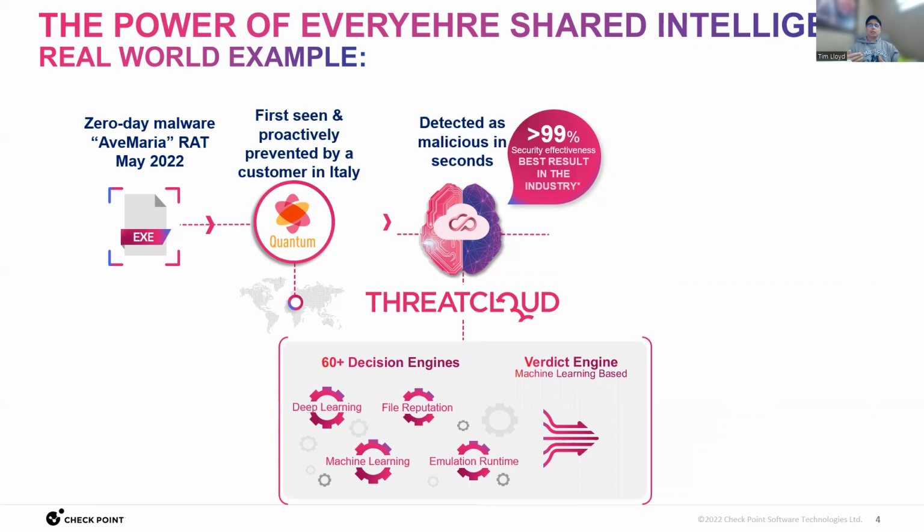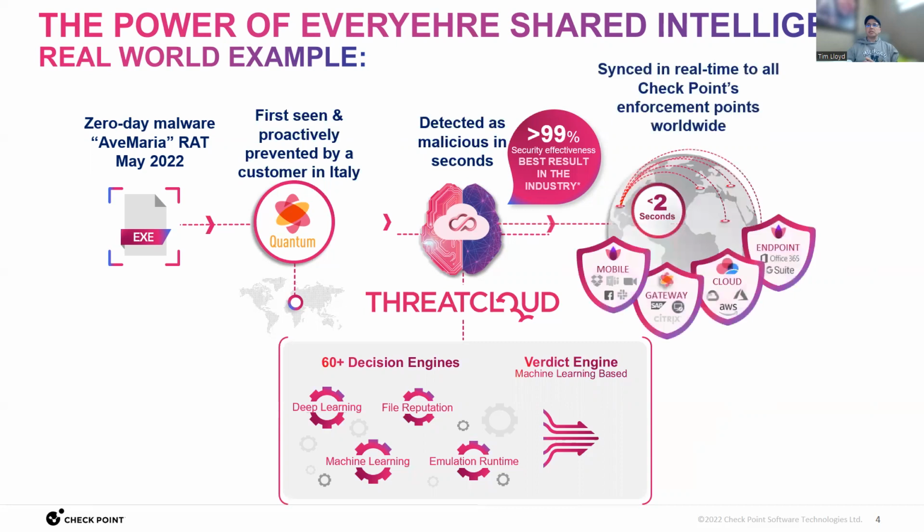And if the threat cloud determines that there is a malicious verdict, then that verdict gets deployed to the millions of endpoints, checkpoint customers across the world within seconds, right? So you get the immediate benefit of being part of the checkpoint ecosystem and the power of collaboration that comes out of the checkpoint ThreatCloud.